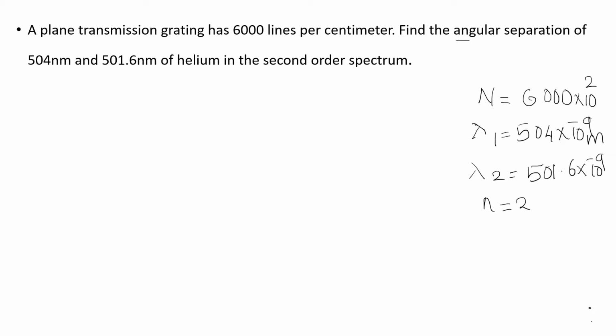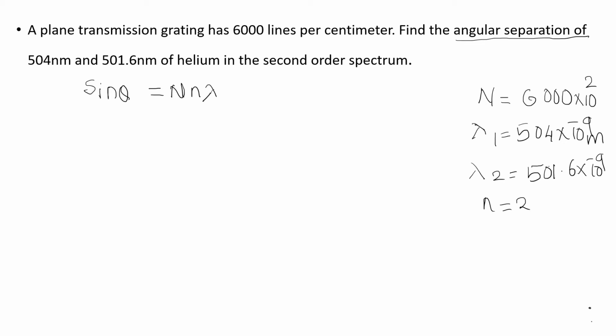That is the angular separation. We have to find out the angular separation of two different wavelengths. And we have the general grating equation, sine theta is equal to N n lambda. We are given two lambdas, and corresponding to these two lambdas we have to find out the theta values.